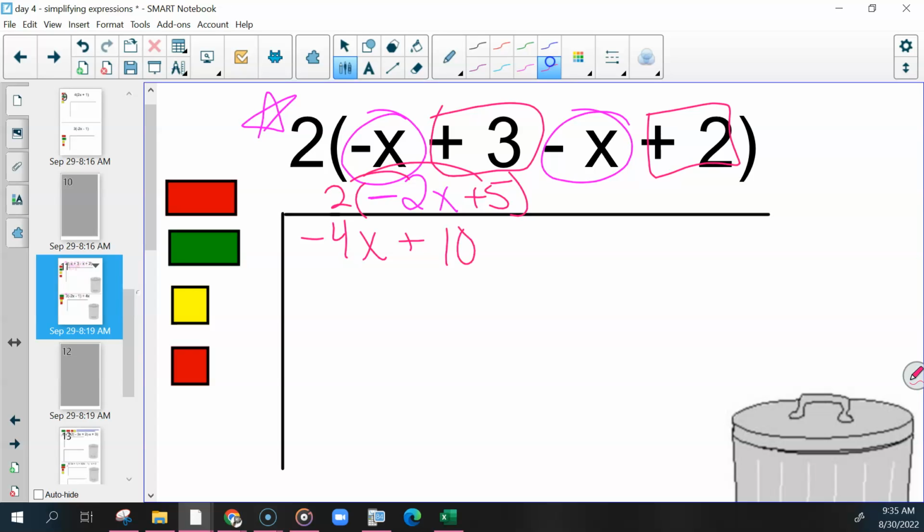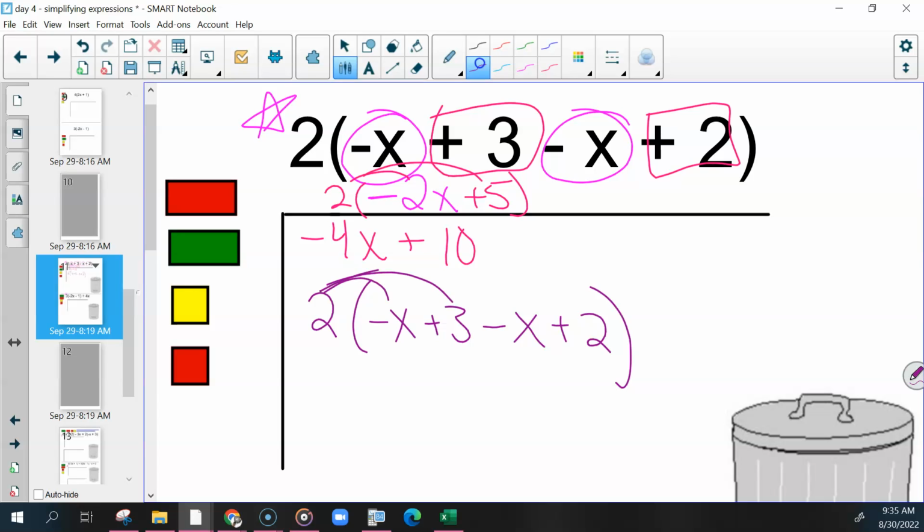I'm going to show you the other way you could have also done this. I'm going to rewrite this down here. If we forgot that we could combine the like terms, this way would also work. If I started off distributing, you're distributing a lot more, but it's okay as long as everything else works out.